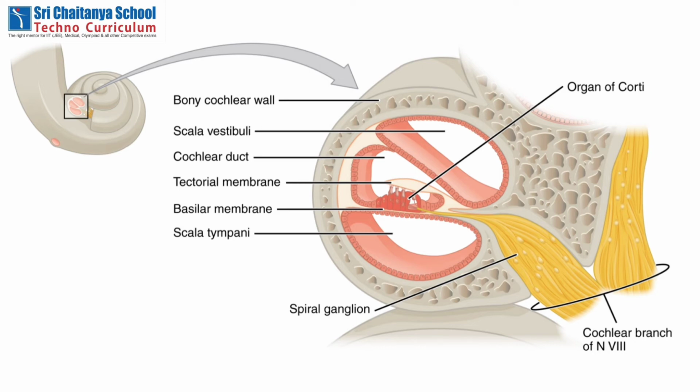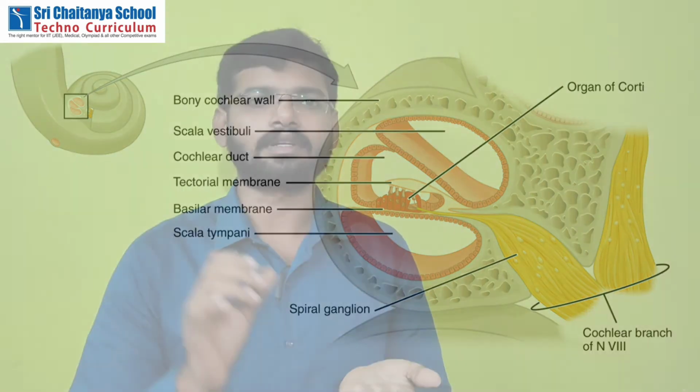In the upper canal and lower canal, we can observe perilymph, and in the scala media, we can observe endolymph. The scala media consists of important sense organs that help us to hear. Auditory receptors are present on the basilar membrane of the scala media. These auditory receptors we call the organ of Corti.